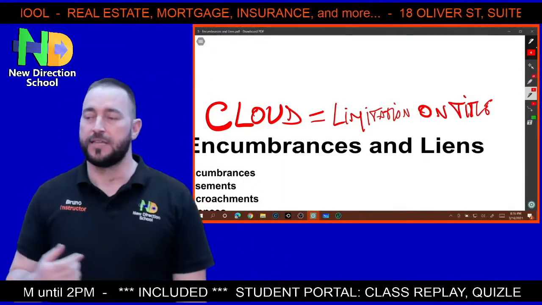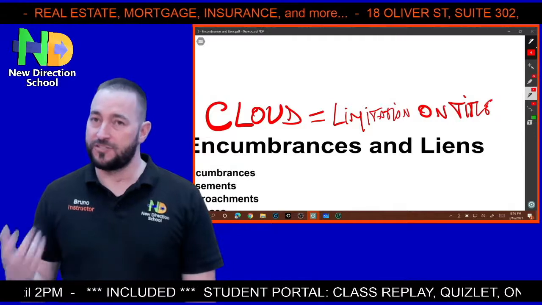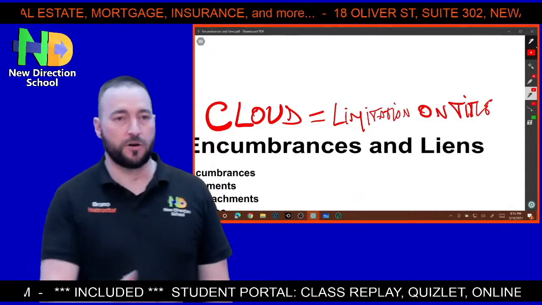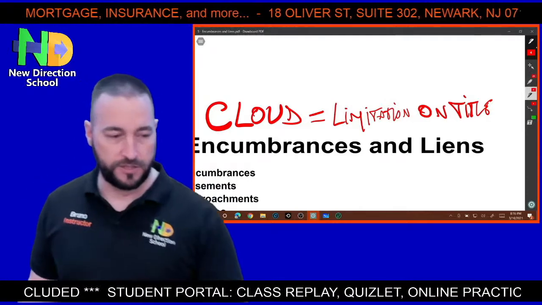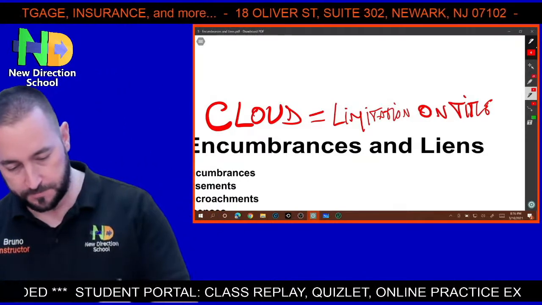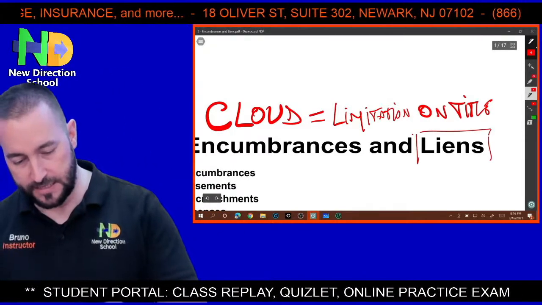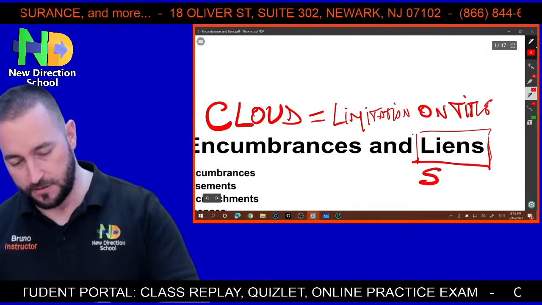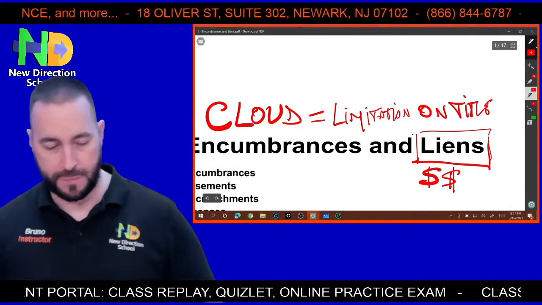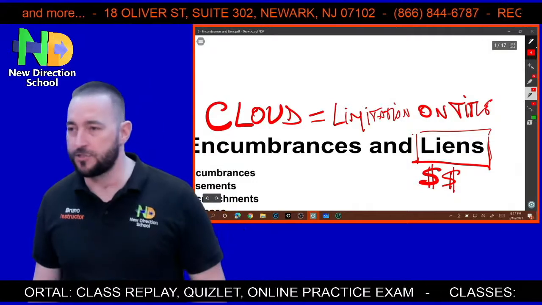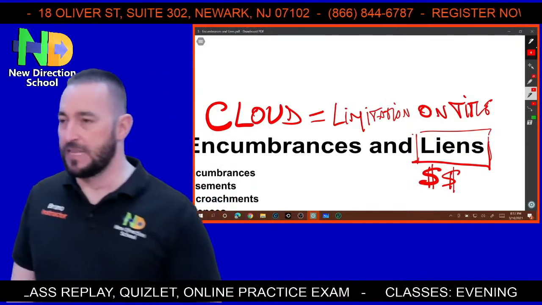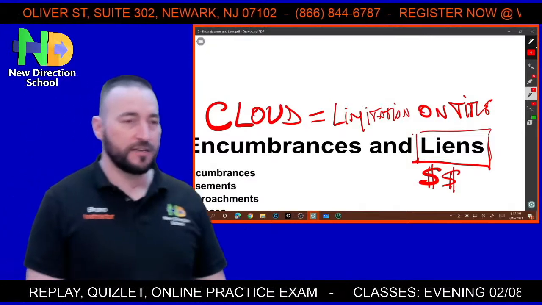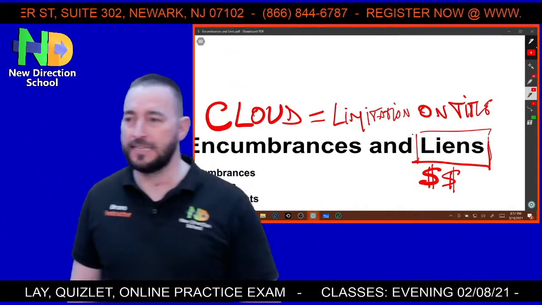Okay? Now, there's different types of encumbrances. There's one called a lien, right? And there's physical encumbrances. What you need to remember about liens is that lien equals money. So if we're talking about a mortgage, this type of encumbrance is called a lien. If we're talking about taxes, this type of encumbrance is called a lien.